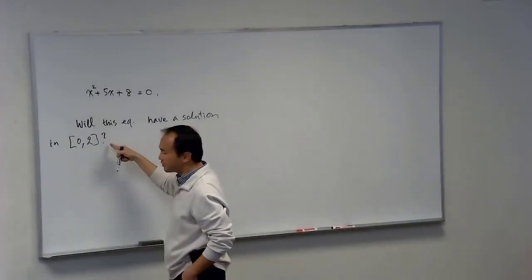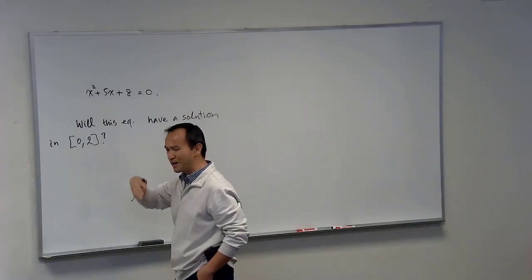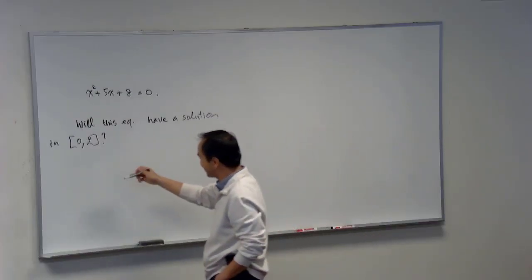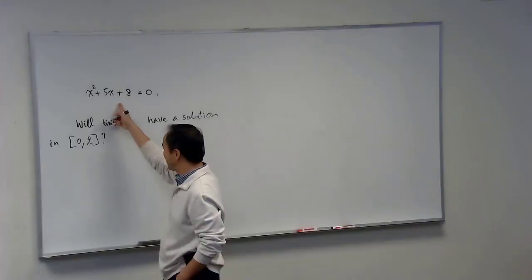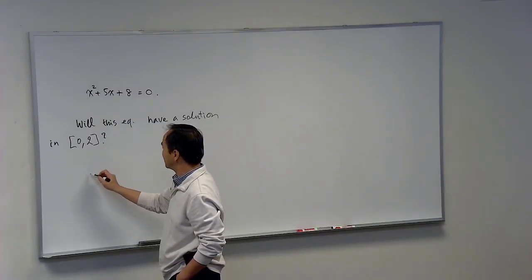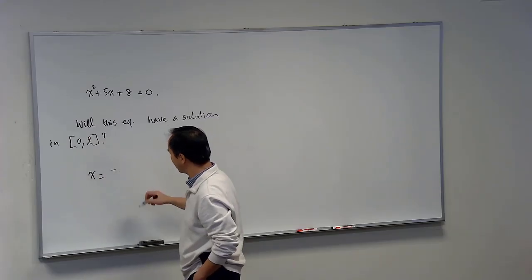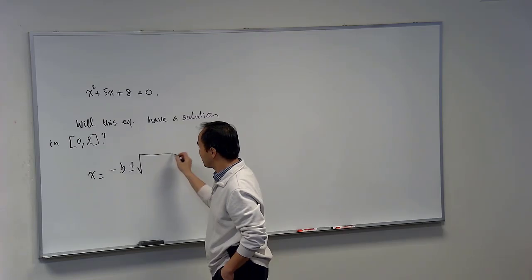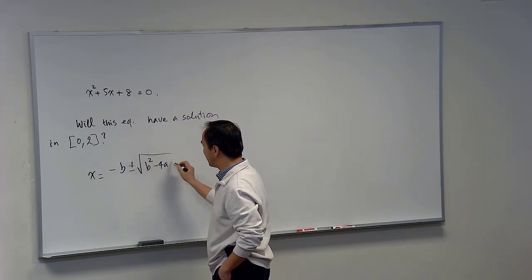To answer this question more naturally, or I'm saying naively, we're going to go with whatever method you use to solve for that. Let's stay with the quadratic formula: minus b plus or minus the square root of b squared minus 4ac.